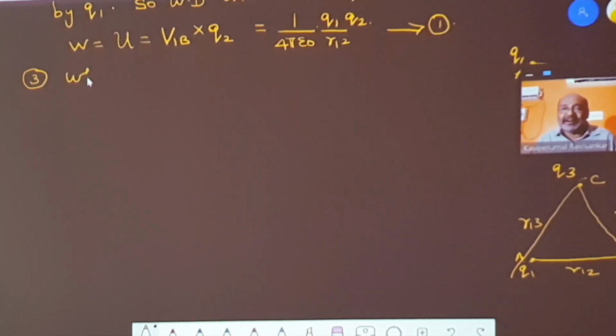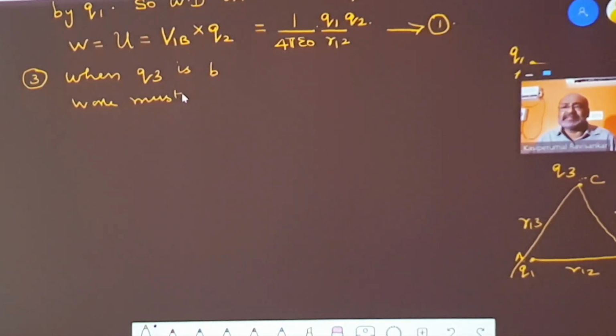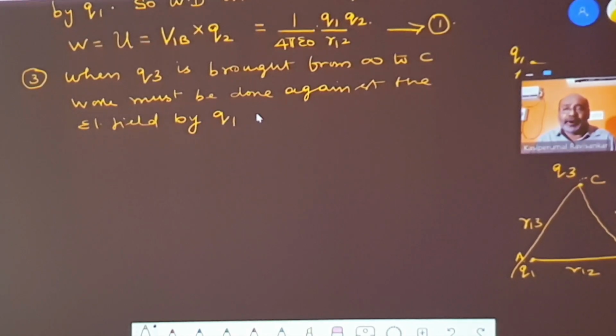When Q3 is brought from infinity to the point C, work must be done against the electric field produced by Q1 and also by Q2.